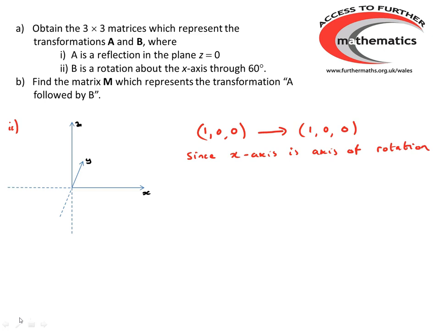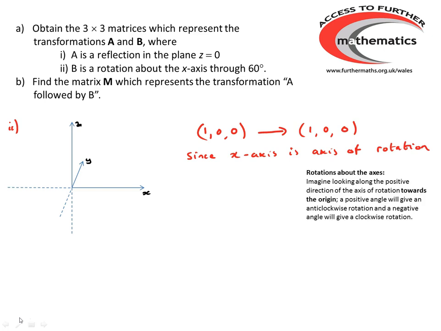Now, to think about what's happening to the y and the z axes, we need to remember our basic convention for picturing these things, and we are going to look along the positive direction of the x-axis towards the origin, in which case we shall see the y-axis and the z-axis looking something like that.